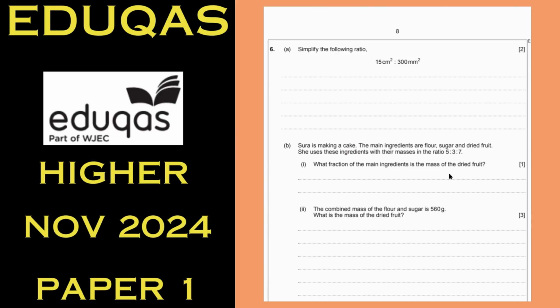Number 6. Now, some people might be lucky and know the exact conversion off the top of their head straight away, but let's just explain why.